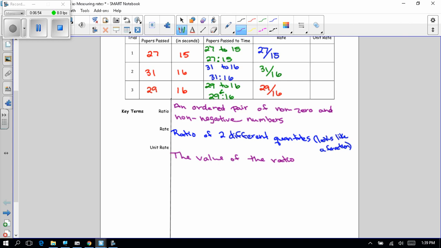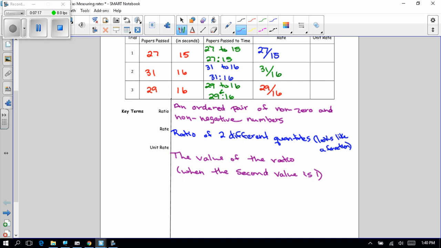All right, and this basically is meaning when the second value or the second quantity, right, when that second one is 1. That's what I want to know. So instead of having to be 27 over 15, it's what over 1.